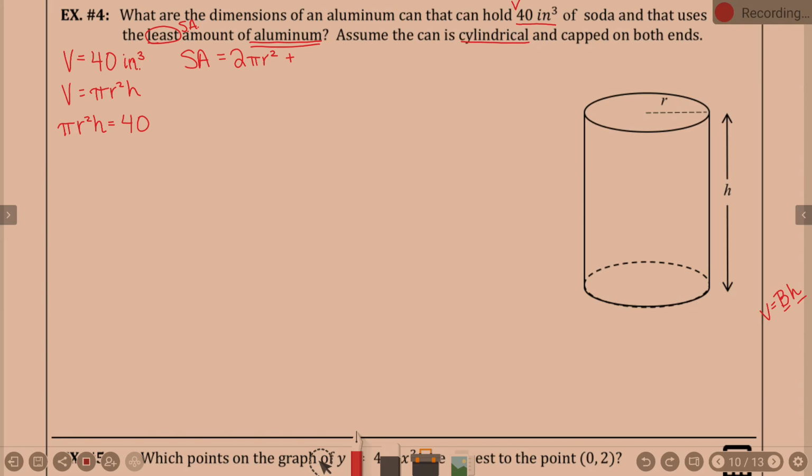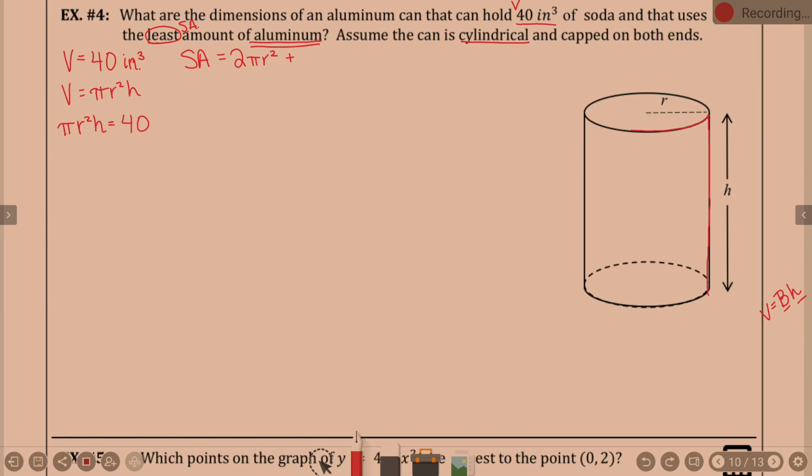Plus, I need the side of the can. Think about it. You peel a label off of a can. It's just a big old rectangle, yes? It has this height, and what is the length of the rectangle? The circumference.